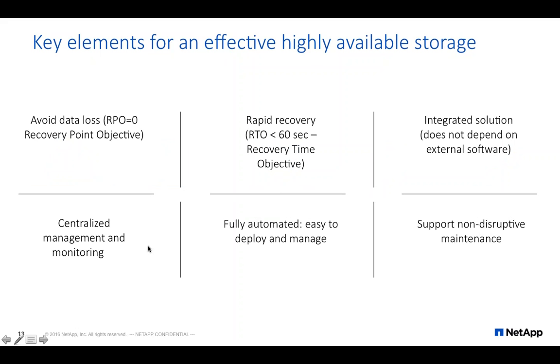So what are some of the key elements? From a high availability environment, what do we see as important to our customer base, the customers that have come to us over the years in the hardware space? Probably the top objective is the recovery point objective, or the RPO. So the ability for an environment to handle failure without losing data.